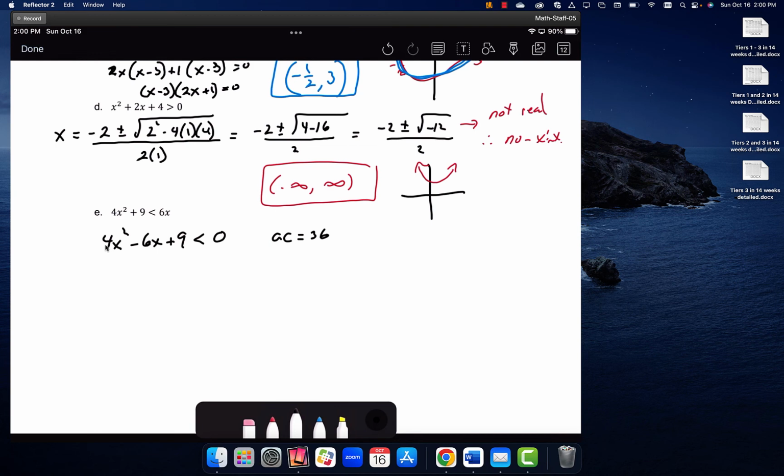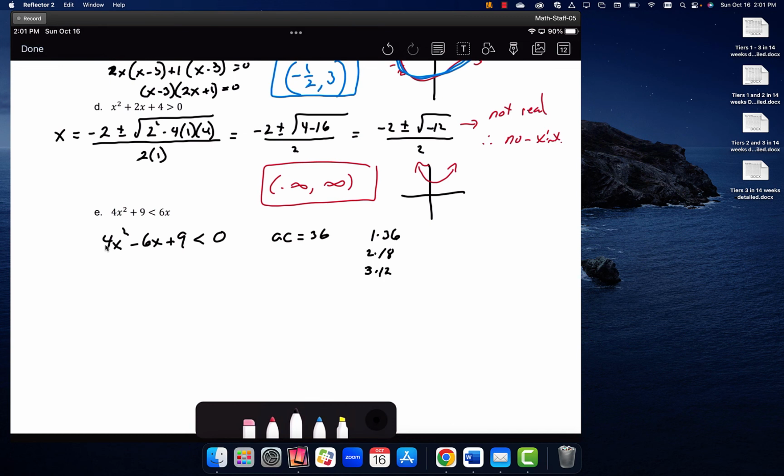If you don't see it right away, list the possibilities. 1 times 36, those multiply to 36, but they don't add to negative 6. How about 2 and 18? They multiply to 36, but they don't add to negative 6. 3 and 12.